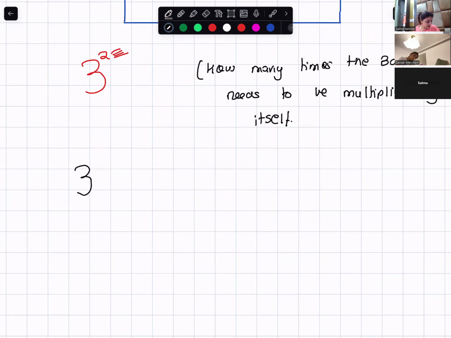So if I write 3 to the power 2, what does it mean? How will you expand this? This will be 3 into 3. If I write A to the power 3, what does this mean?